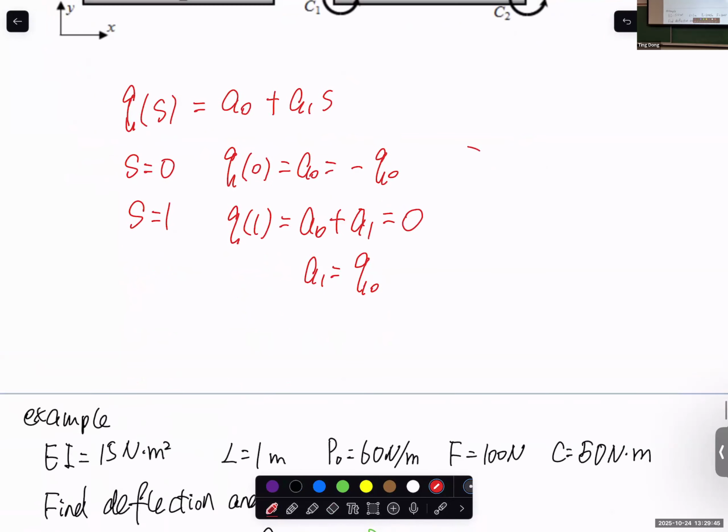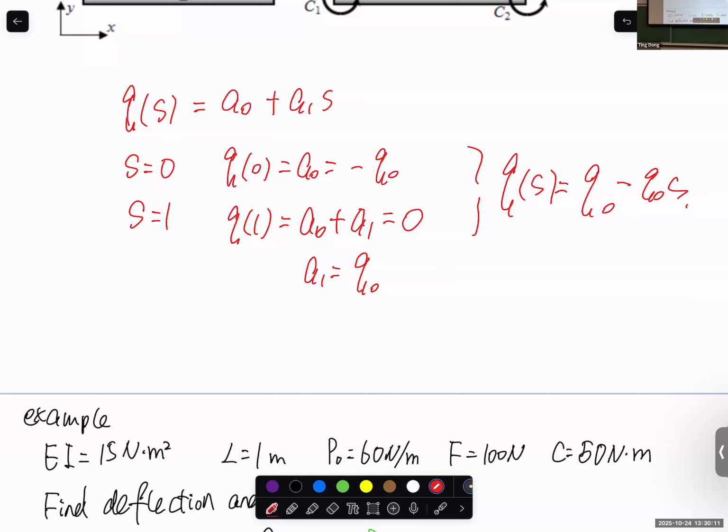And now, of course, Q(S) equals A naught plus A1 S, which is negative Q naught plus Q naught S. Okay, great.